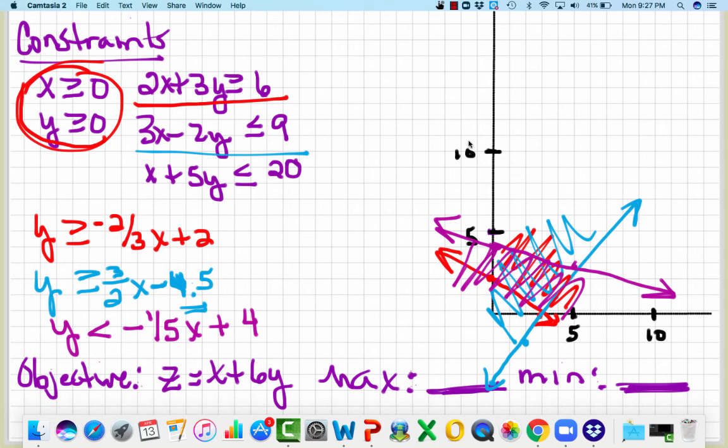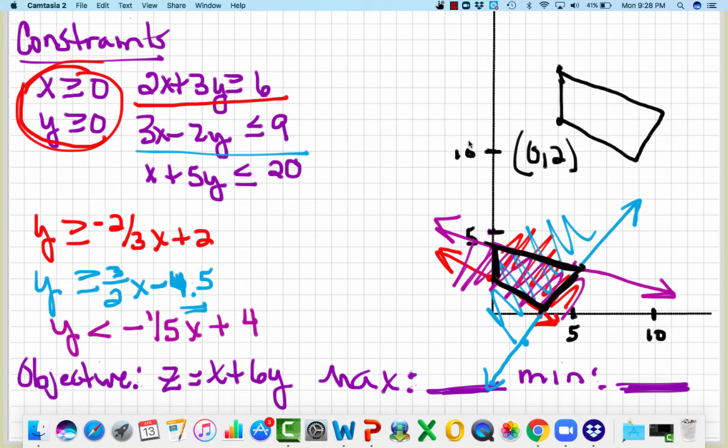So what I'm looking for, and I'm going to highlight this in black, is actually this quadrilateral right here. That's the part that got shaded by all those different colors. And what I need is those ordered pairs that are at those vertices. So at the bottom here, I'm going to have the point 0, 2.